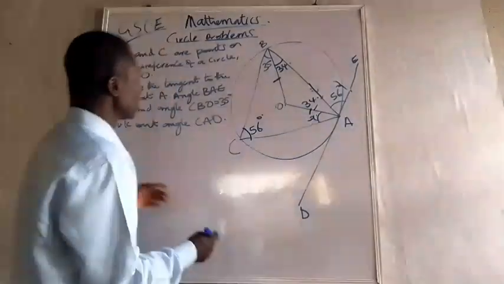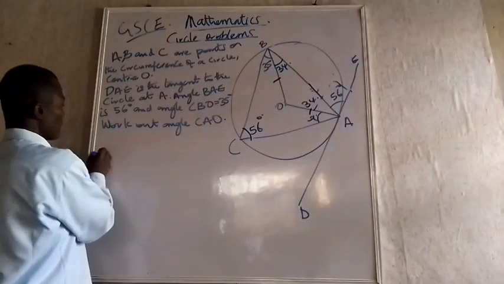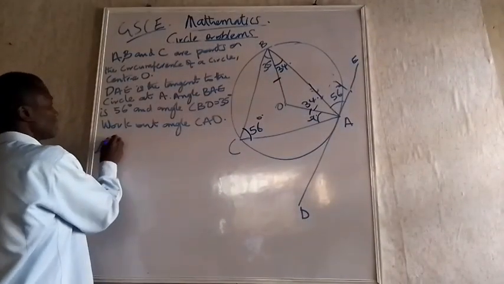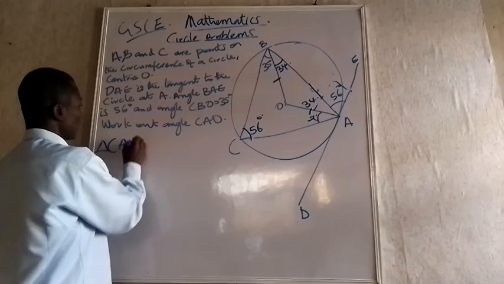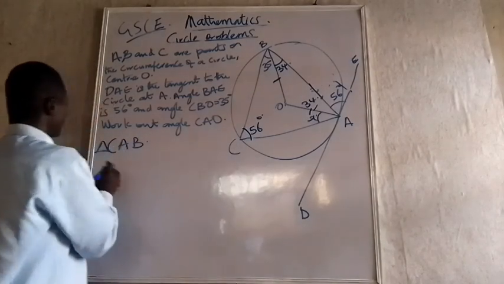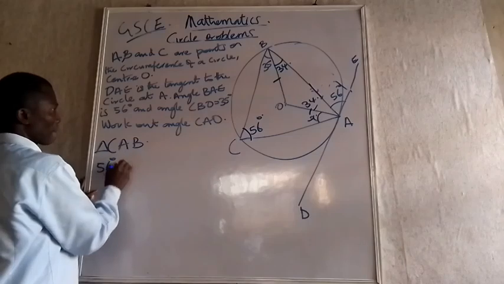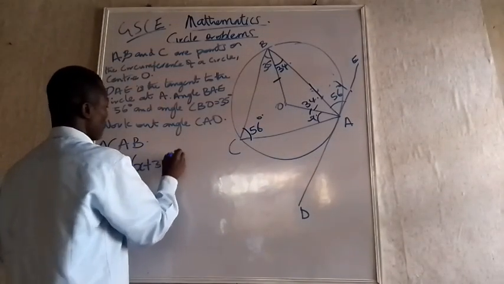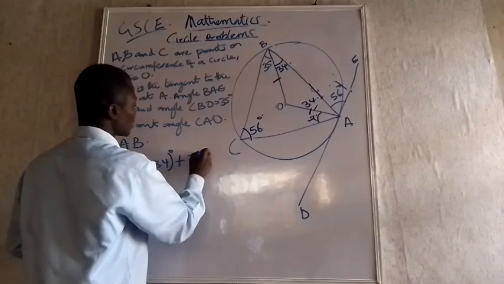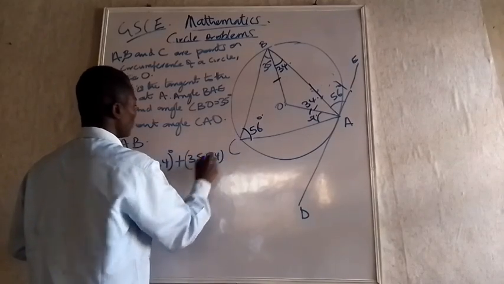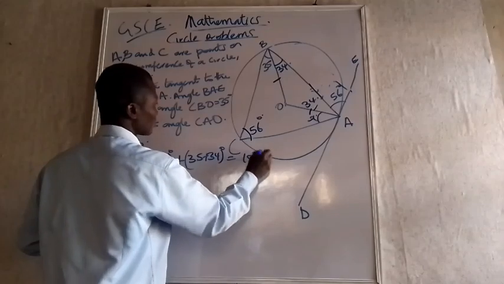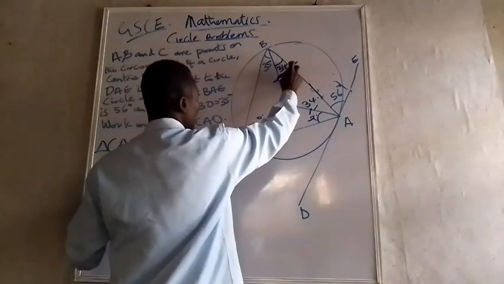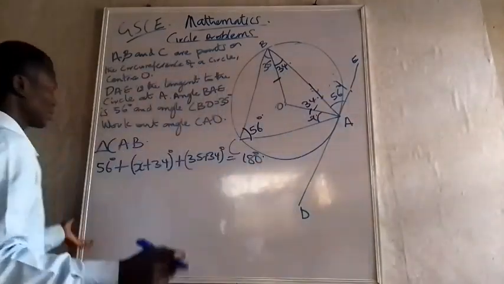In triangle CAB, we have 56 degrees plus x plus 34 plus 34 is equal to 180 degrees. You see, this is the triangle here. So this one and this one plus this one gives us 180 degrees.